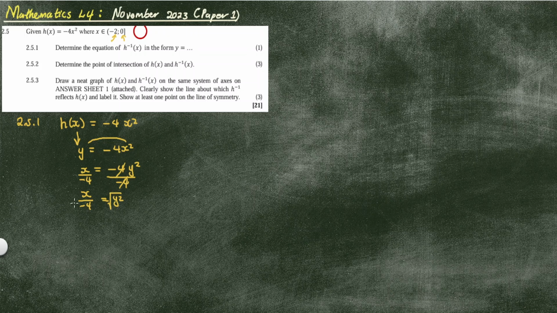Taking the square root on both sides, y is equal to the square root of x over minus 4. So this is the inverse function, the h inverse of x.